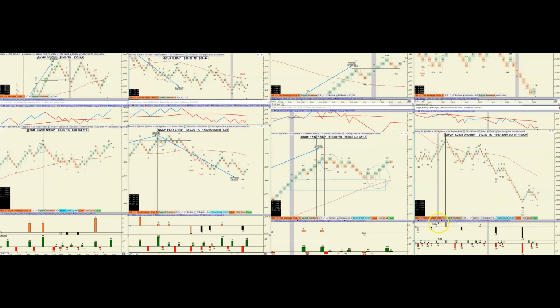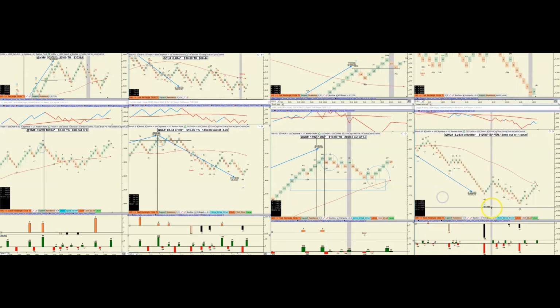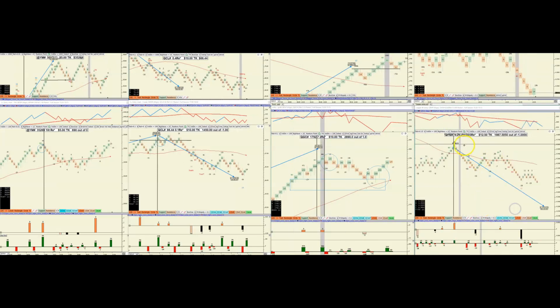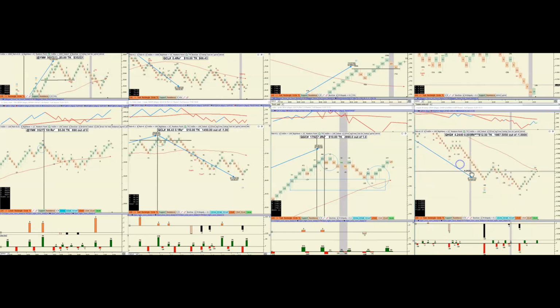So this downtrend I'm observing now is interesting to me because it's going down, and over here it's very climactic. So I think we might be getting ready for a bounce.